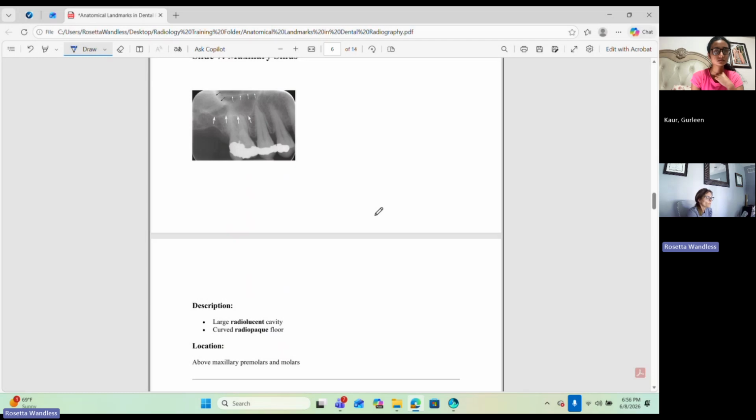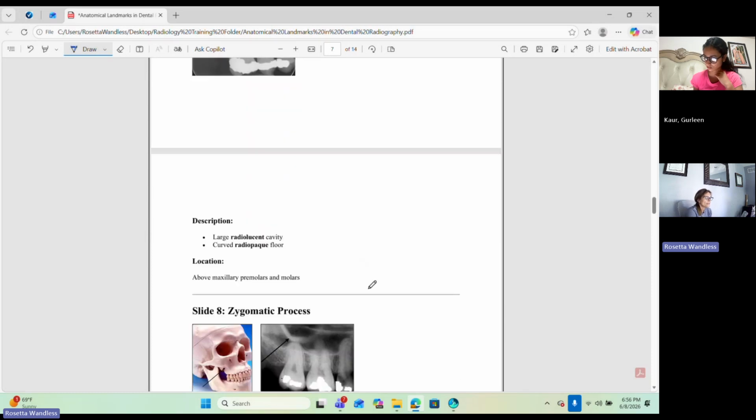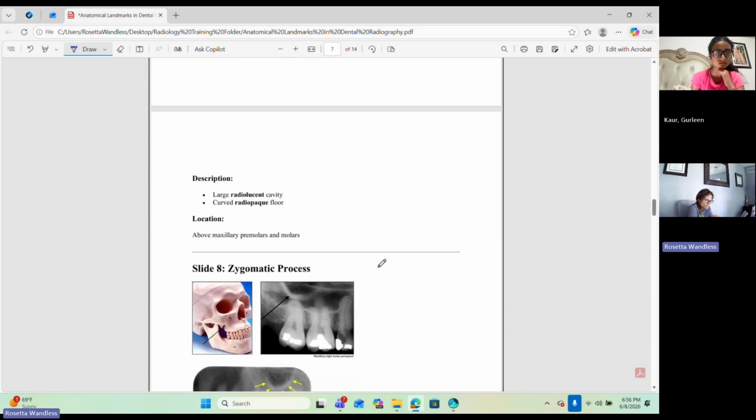It looks like a radiolucent cavity, and it has that curved radiopaque floor. So you'll see the darkness, and then you'll see that radiopaque floor. Typically, sinuses are right above the molar and premolar area. Why? Because your nasal cavity is in your anterior, so the other sinuses are going to be in the premolar area and then the molar area.